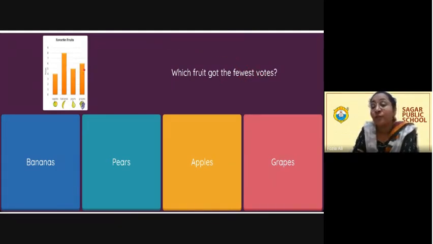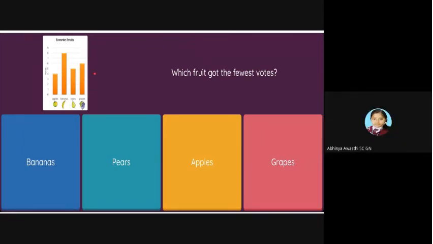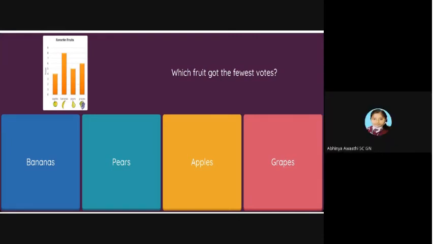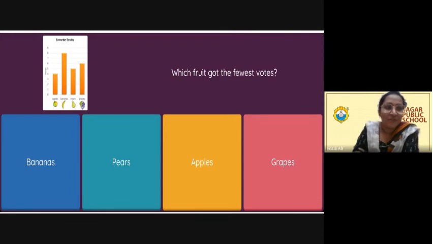You have to tell me which fruit got the least number of votes, fewest number of votes. Ma'am, apple got few votes. Okay, so the least favorite or the fewest one is apples. How many votes has apple got? 4 votes, ma'am. Very good. So it is the least number of votes. So these were the questions about the topic which we have discussed.